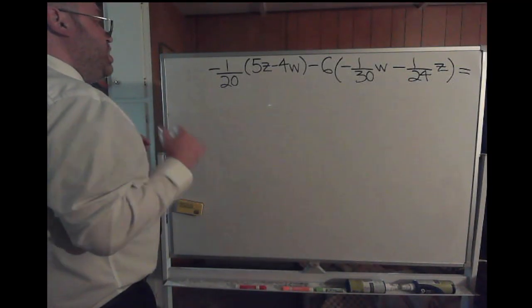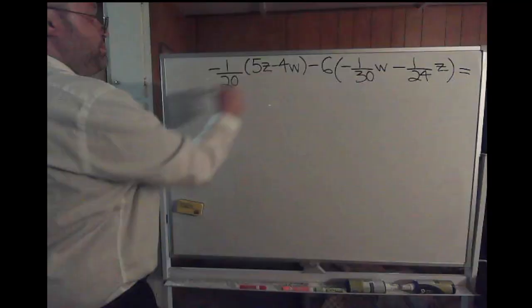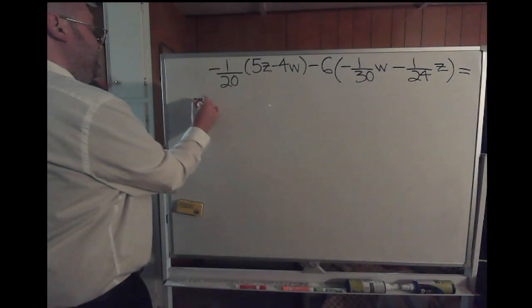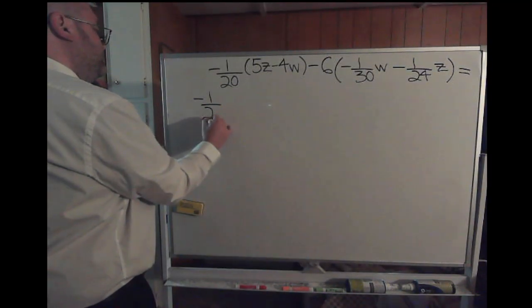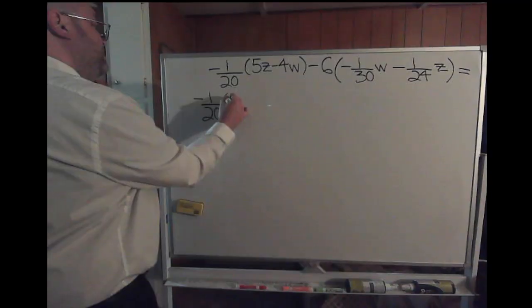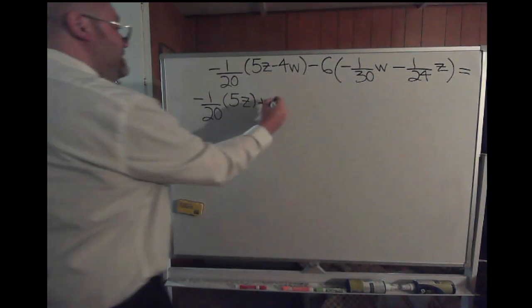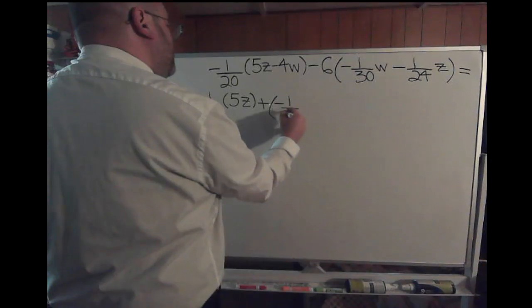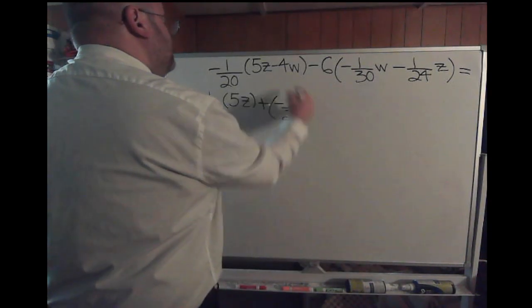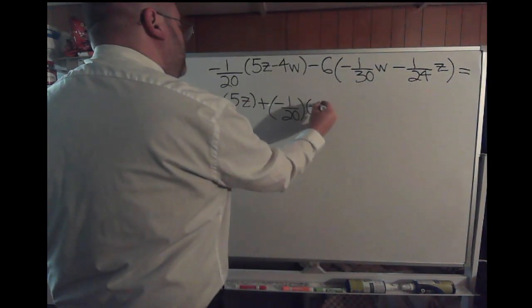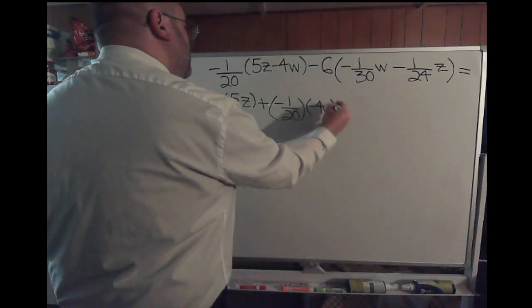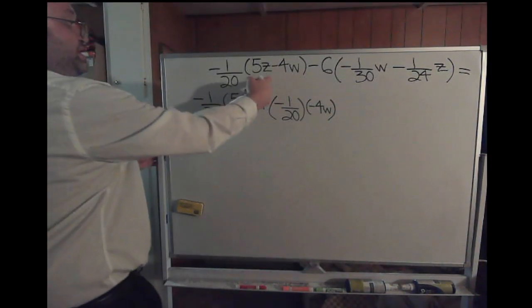Okay, well, we're going to do the distributive property on each term. So you'll take negative 1/20 times that positive 5z plus you'll take that negative 1/20 times that negative 4w. Alright, so we've distributed on this set of parentheses.